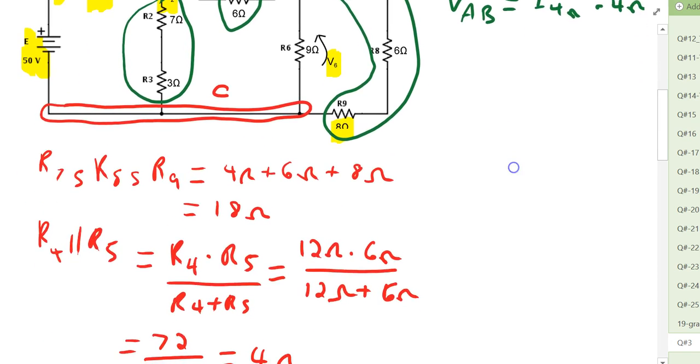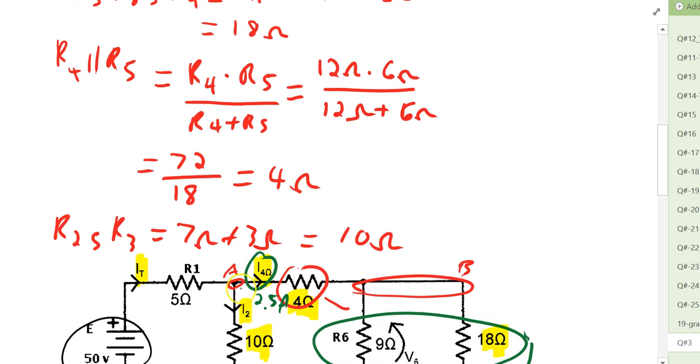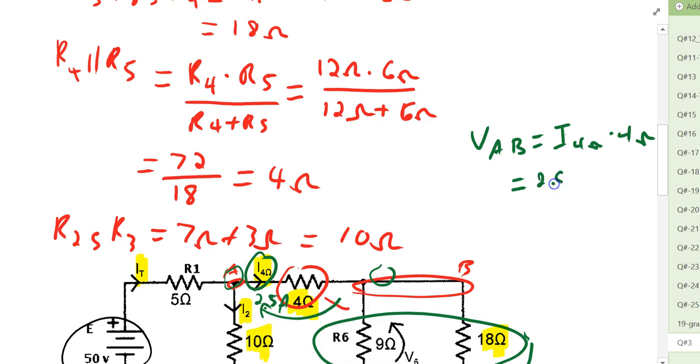And so remember that in one of these circuits down here, the voltage drop between points A and B is the voltage drop across that 4 ohm value. And so VAB is equal to I 4 ohms times 4 ohms, whichever way you look at it. We have 2.5 amps times 4 ohms, and VAB is 10 volts.